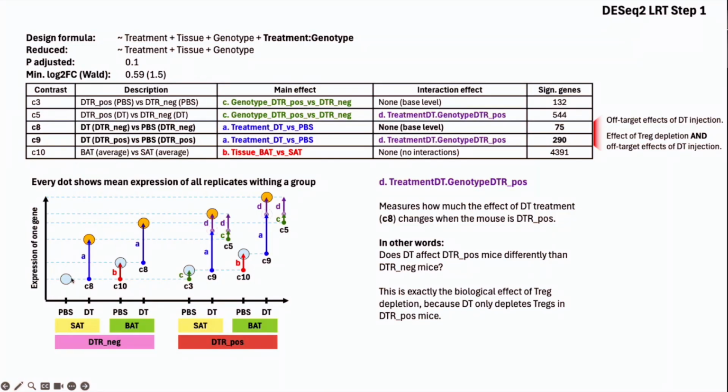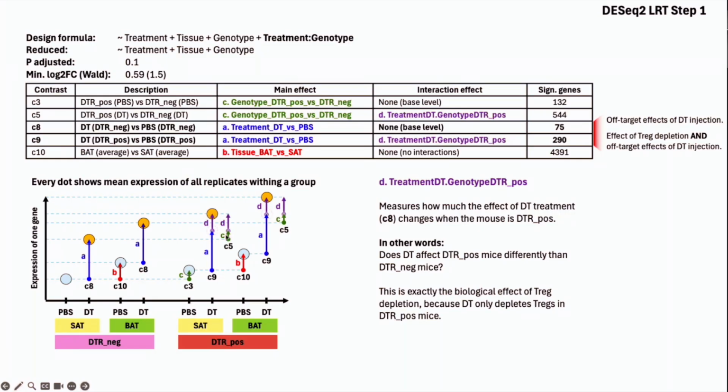So on the base level, this difference, DT versus PBS A, in DTR positive genotype will be bigger. So it will include the change from here plus this interaction. The same will be for BAT tissue. We will have the change A plus this interaction.